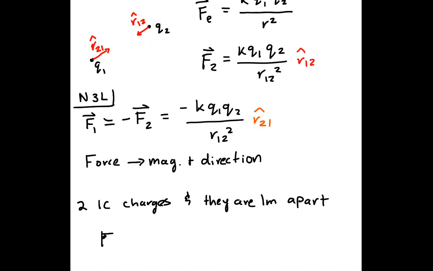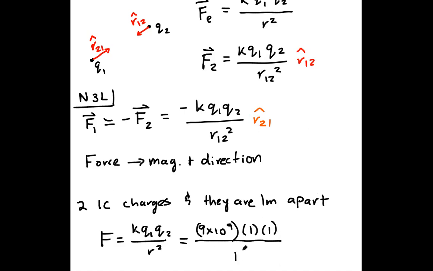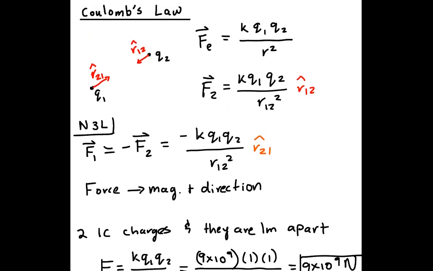Well, first of all, we know that force is equal to K times Q1 Q2 all over R squared. So if we plug in the values, K is approximately 9 times 10 to the 9th, and Q1 and Q2 are each 1 Coulomb. We divide that by the distance between them squared, so 1 squared. So we're left with 9 times 10 to the 9 newtons. Very simple, very easy example, and it should help you understand these concepts at a more simplistic level.